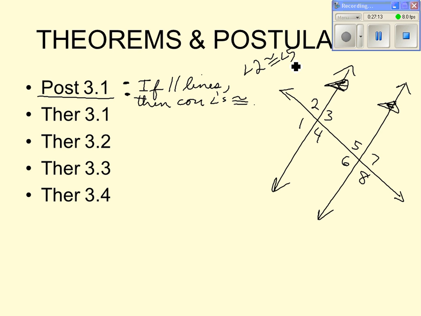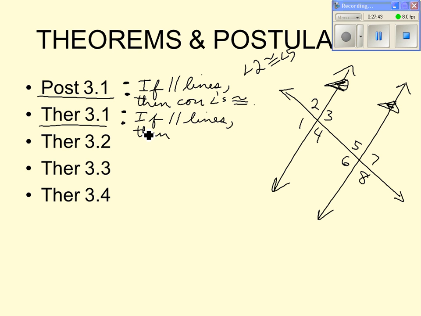The next one's alternate interior angles. It says, and these are going to look real similar to each other, if parallel lines, so if you know the two lines are parallel, then let's just look at them. Name me a pair of alternate interior angles. 5 and 4. What looks to be true about 5 and 4?